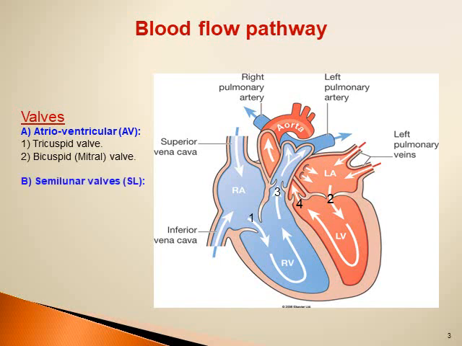The semilunar valves or SL valves, these are the pulmonary valve that separates the right ventricle from the pulmonary trunk, and the aortic valve that separates the left ventricle from the ascending aorta. And the respective valves are here in the figure.